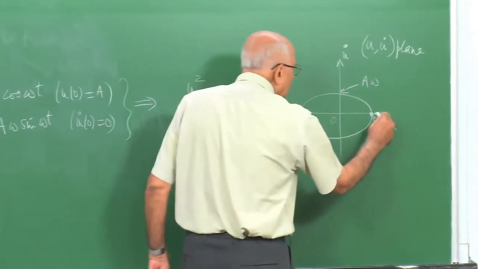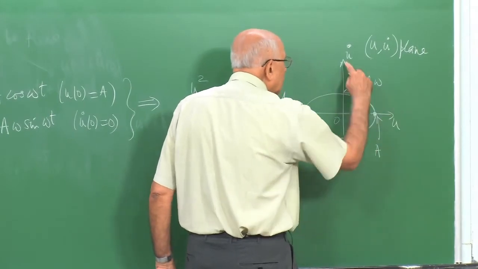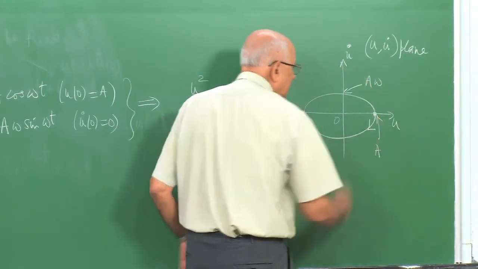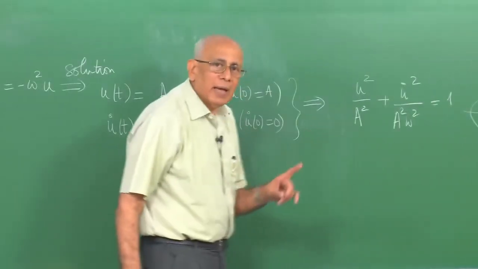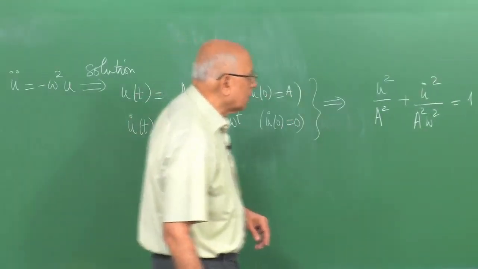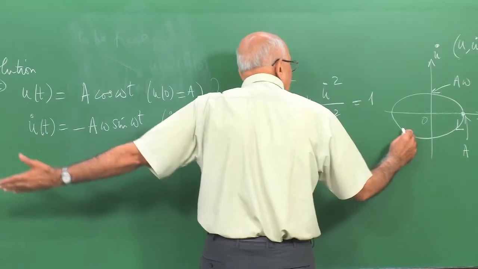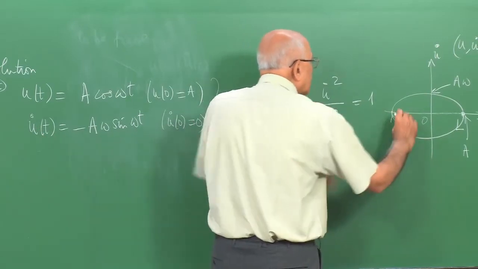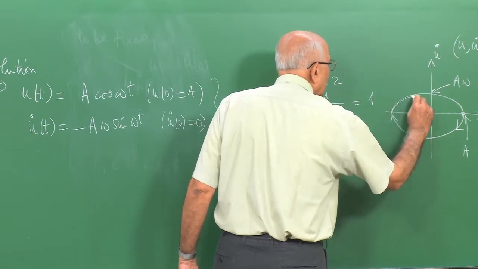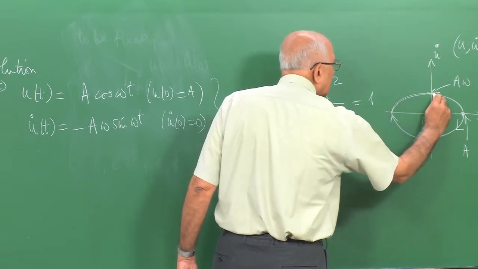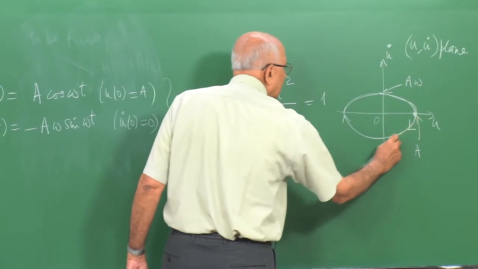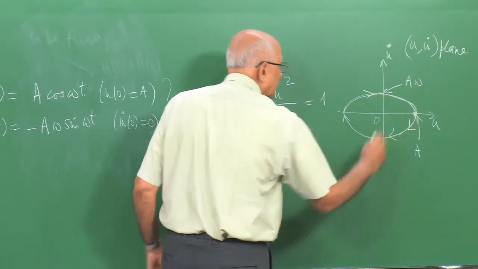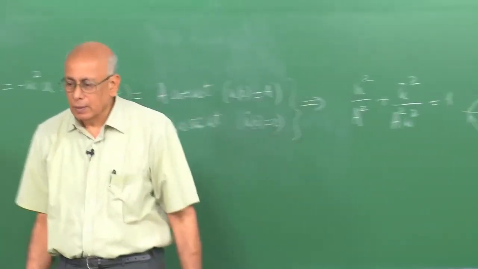You are here and u decreases, it comes back here, but u dot is negative, so it goes here. So the direction of the arrow is fixed by this simple physical consideration. When it reaches the leftmost extreme, it is like this at this point, and then u dot becomes positive, it starts going back towards the origin, goes through the origin here in u and goes back and retraces this path over and over again.